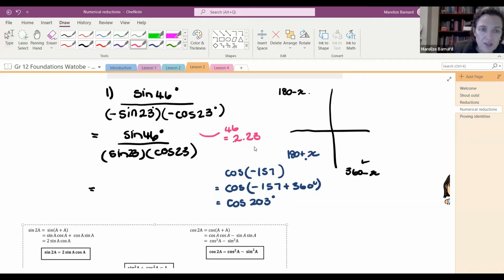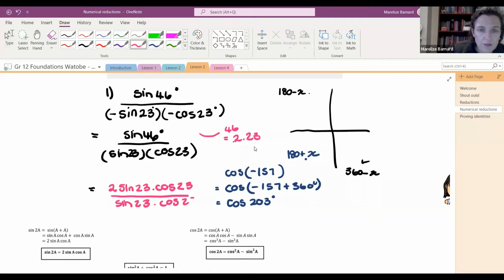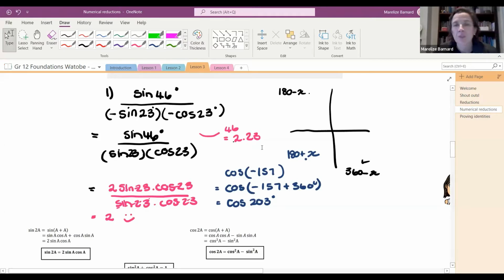So we can change that to 2 sine 23 cos 23 over sine 23 cos 23. Okay, and obviously these divide evenly, cos 23 and cos 23, sine 23 and sine 23, and we have 2. Our answer is 2. Awesome.